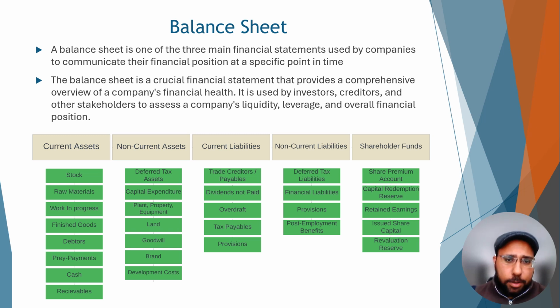It could be development costs, it could be land, overall goodwill, PPE, plant, property, and equipment. Big machinery, big manufacturers naturally have a huge amount of machinery. So those are the main components that go in a current and non-current asset category.